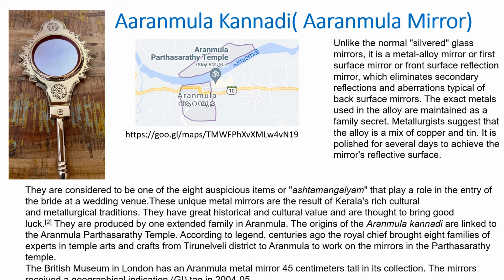This is the second material in India to get a geographical indication, after Darjeeling tea. You can read more about Aranmula Kannadi and its origin and history in other videos.